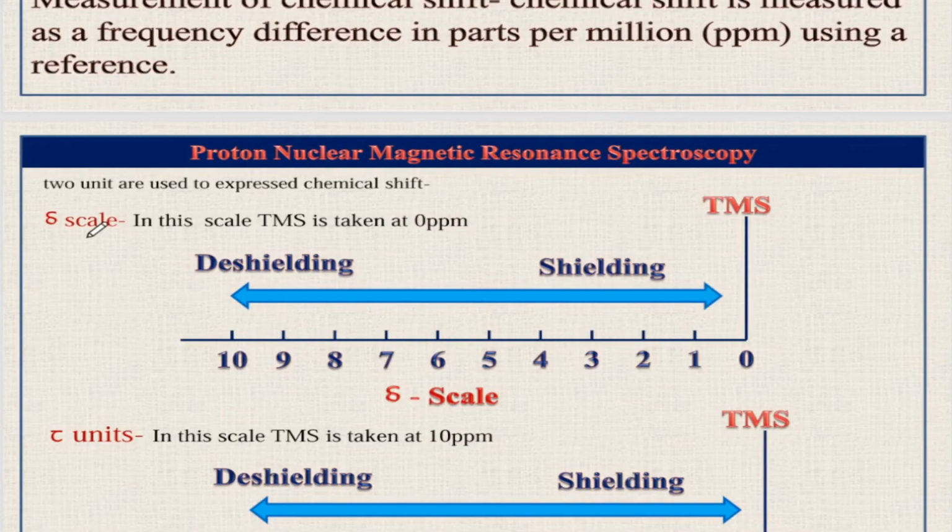Chemical shift is measured on two scales, the del scale and the tau scale.